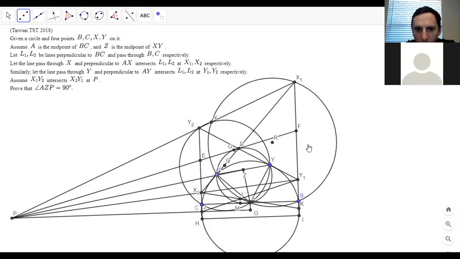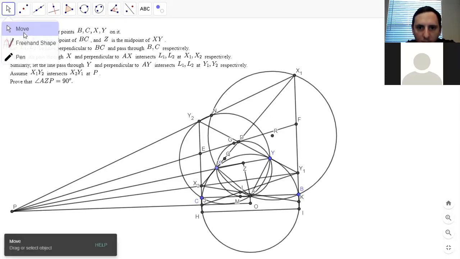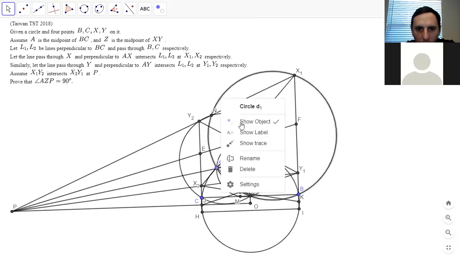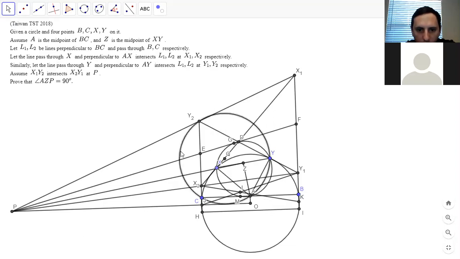Oh, F is the midpoint of Y1, X1. Okay, so that's not super useful. That would tell us RF is parallel to AY1. I just don't know what that does. So I'm going to delete those circles. Can you also delete L? I delete L, yeah.